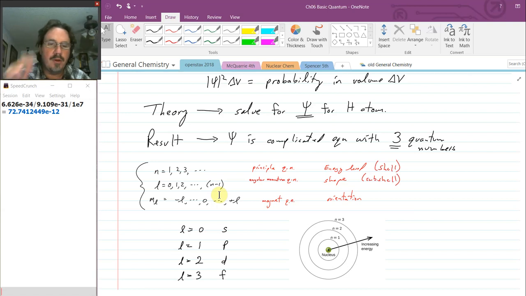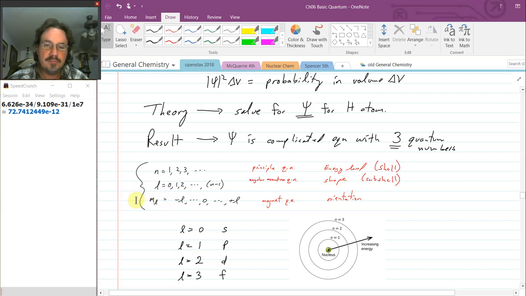The third quantum number is m sub L, the magnetic quantum number. The m sub L equals negative L through 0 up to positive L. Right? So here we've got a range as well.